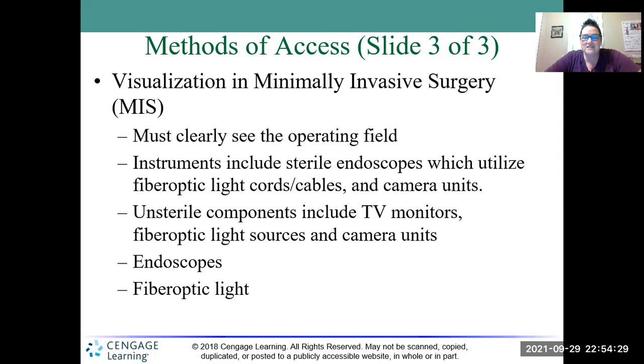Visualization allows minimally invasive surgeries to occur, which are called MIS. So it allows for that visualization, the trocars and endoscopic tools. And so it allows the physician to really clearly see that operating field. So we have those sterile endoscopes, and that gives light.